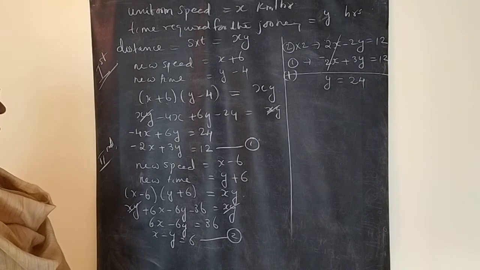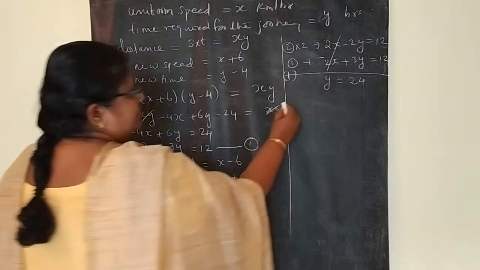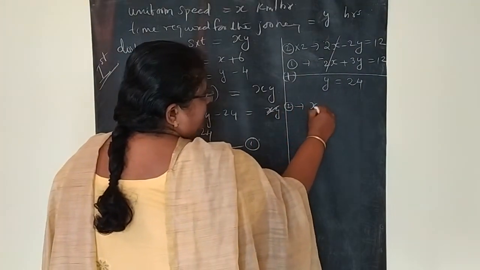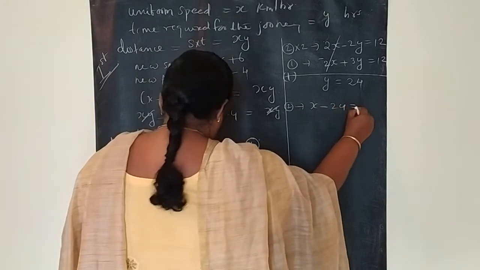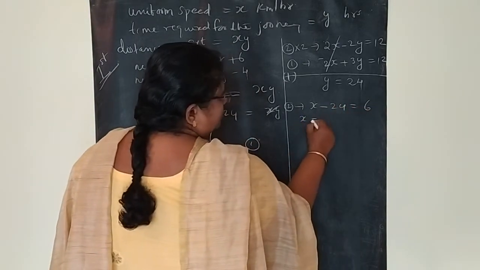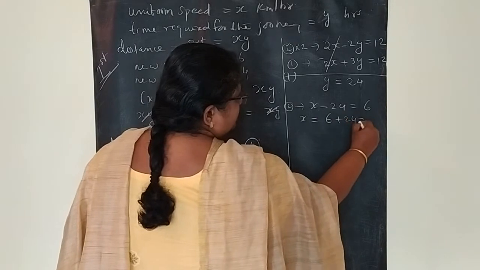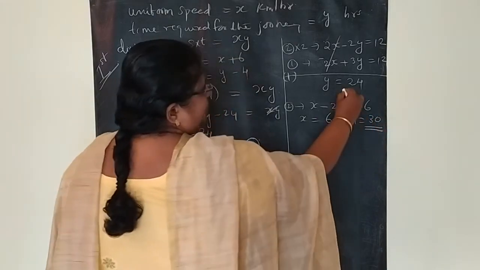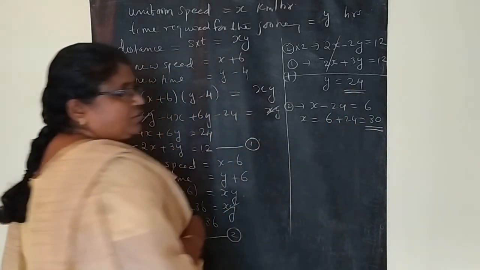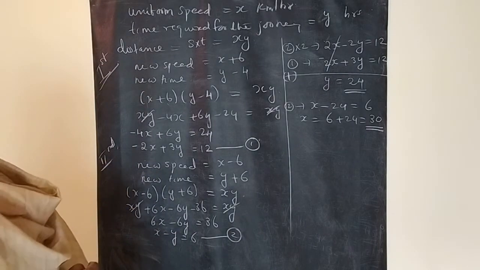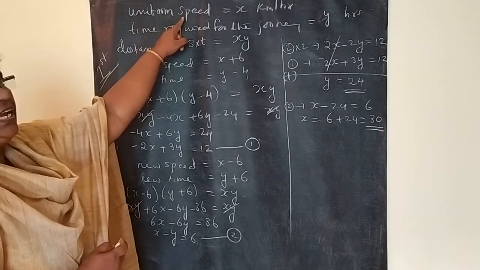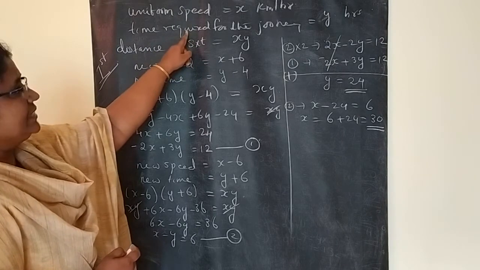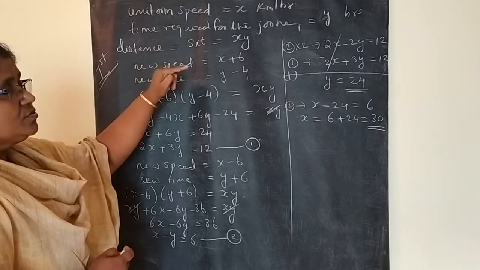That y you have to substitute in the second equation. So the second equation becomes x minus 24 is equal to 6, or x is equal to 6 plus 24, 30. So y is equal to 24, x is equal to 30. What is meant by x? Speed. And y? Time. But what is the question?